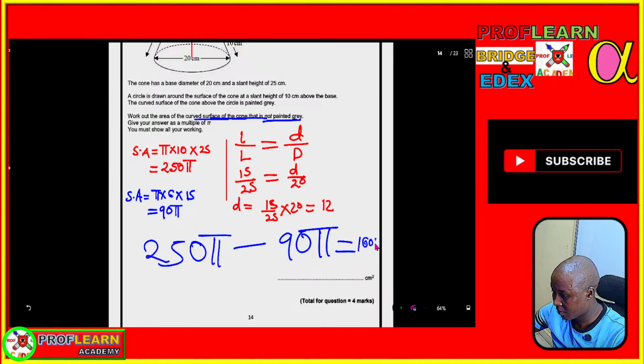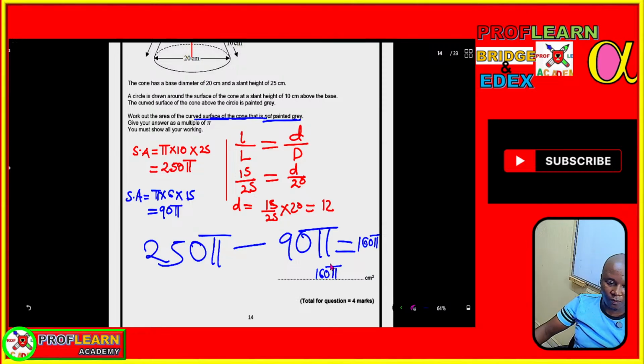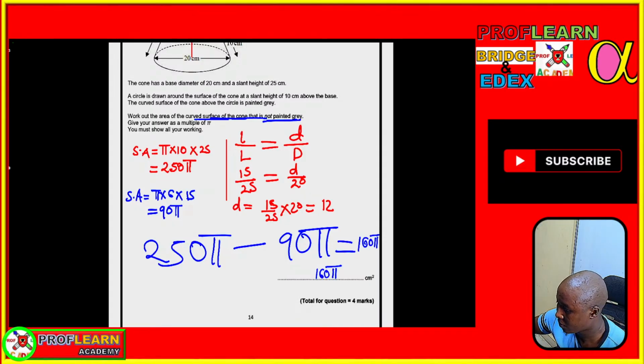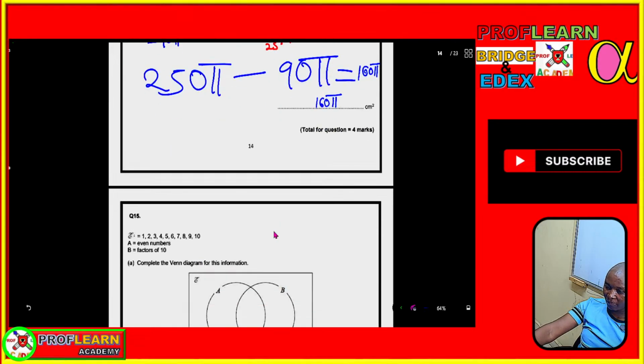Yeah, so this is exactly what you are supposed to do in order to get the mark for that. For those who have worked it out, that is great. So we have to move to the next part of the question.